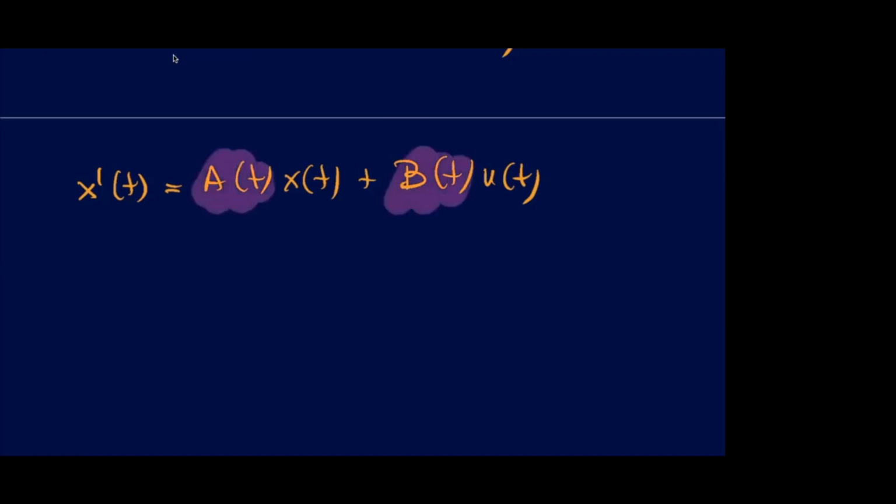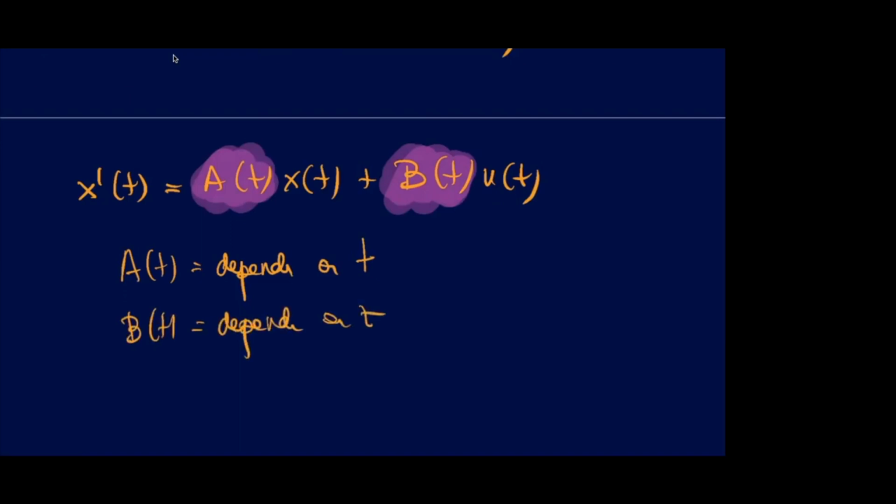The dynamics is driven by a time-dependent matrix, and the control operator is also time dependent. So what I learned before is not immediately applicable, because A(t) depends on time and B(t) depends on time.